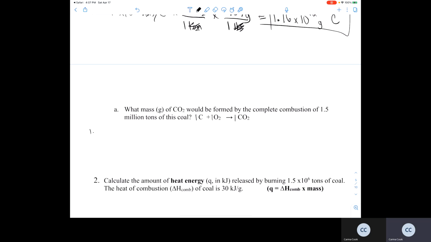If we have 1.16 times 10 to the 12th grams of carbon, we can convert that to moles of carbon by dividing by the atomic mass of carbon.